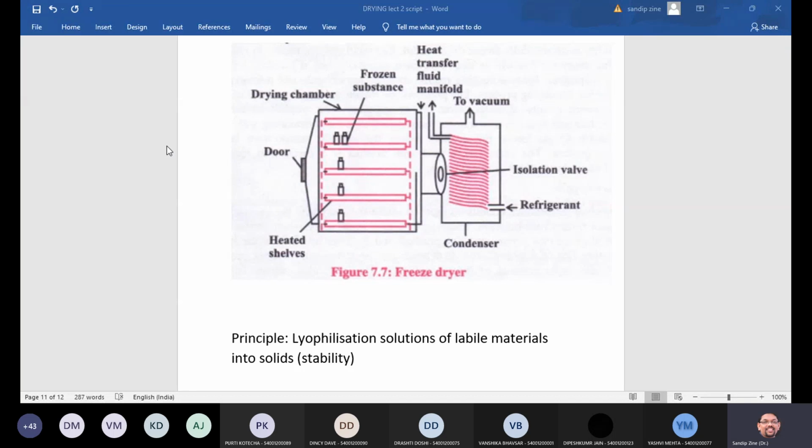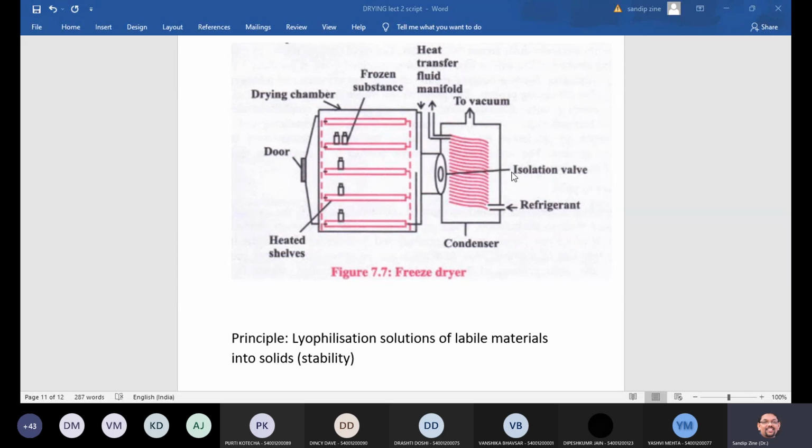So in a shelf freeze dryer, the condenser can be located inside the product chamber, called an internal condenser, or in a separate chamber, called an external condenser, connected to the product chamber by a vapor port. The distance between the subliming surface and the condenser should be less than the mean free path of molecules, because this increases the rate of drying.